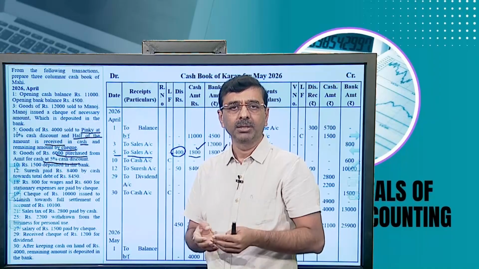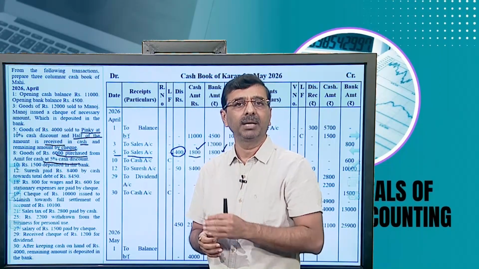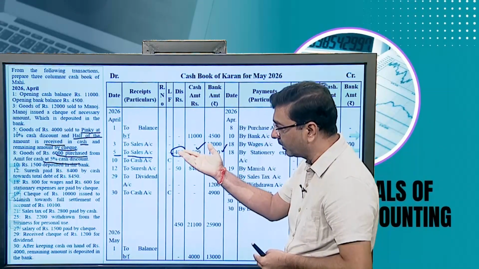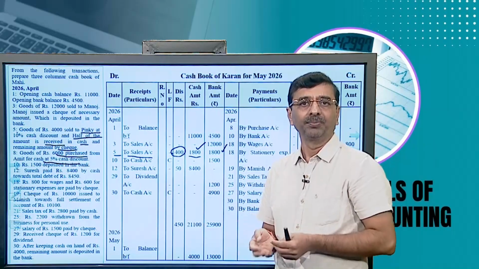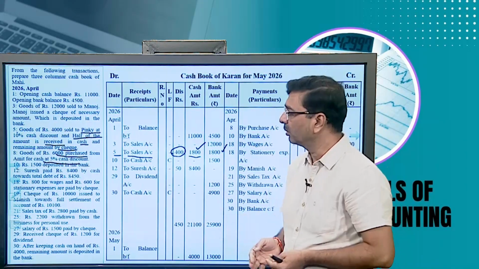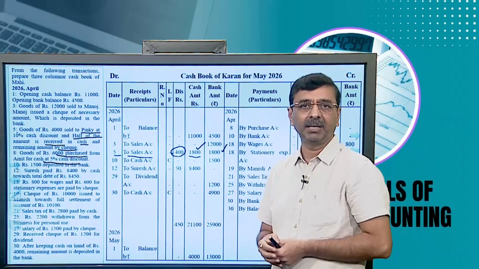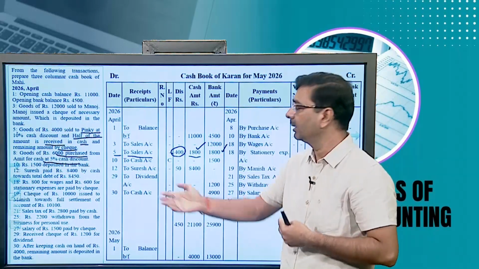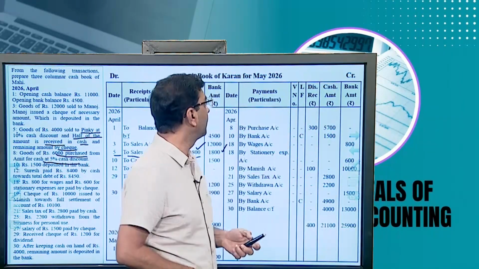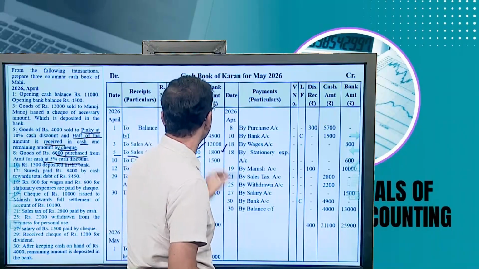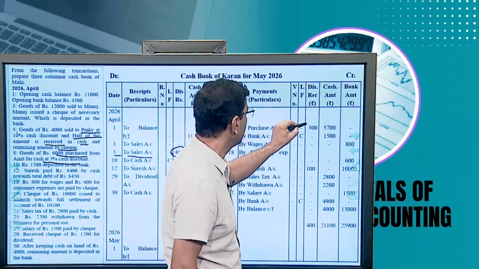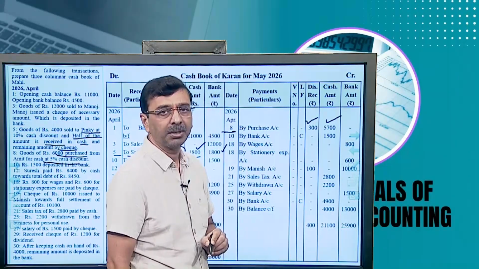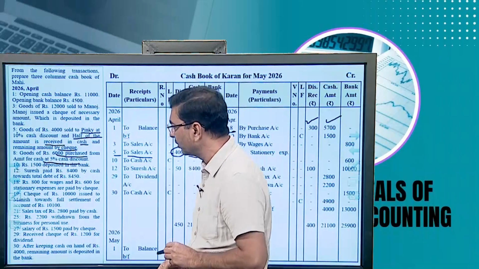The journal entry is purchase account debited 6,000; we paid 5,700 to Amit, so cash account 5,700, and discount received 300. Discount received in case of purchase will be entered on the payment side. The date is 8, by purchases, discount received 300 in the discount column, and we paid cash 5,700. So the transaction will be recorded in the books of account like this.